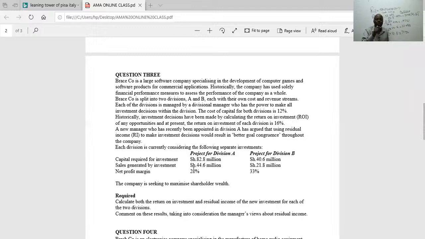There is no way we can ever accept a project whose ROI is less than the current. Currently, we are at 16%. We can only accept projects whose ROI is more than 16%. Now this is more than 16%. Therefore, accept. This one here we are going to accept. This one here we rejected a long time ago.